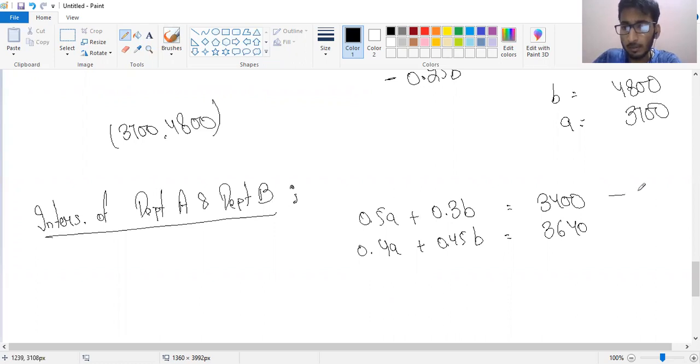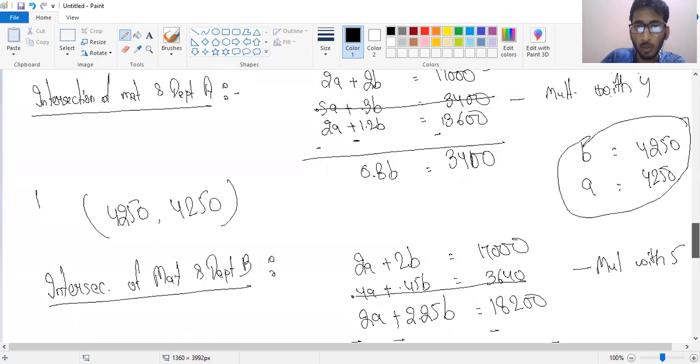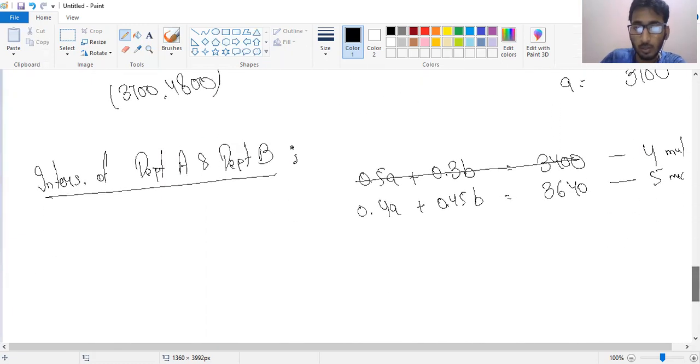So multiply the first with 4 and the second with 5. If I multiply it with 4, it would be 2a plus 1.2b equal to 13,600.